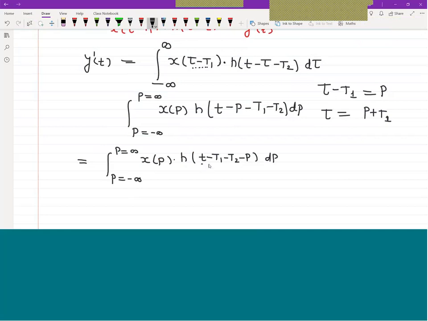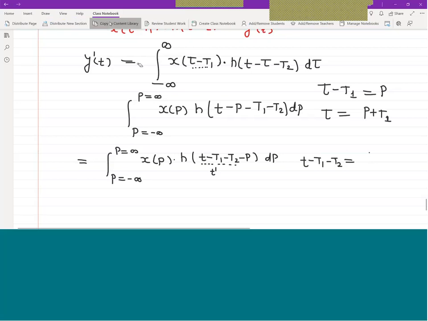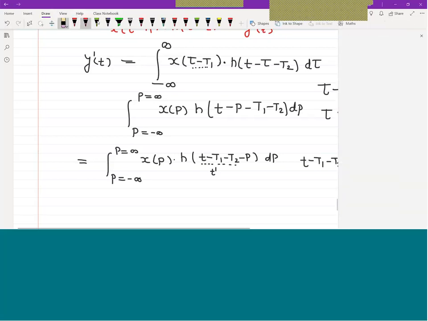So this is x of tau into h of t minus tau. So this is your new t prime. I can write t minus t1 minus t2 as t prime.